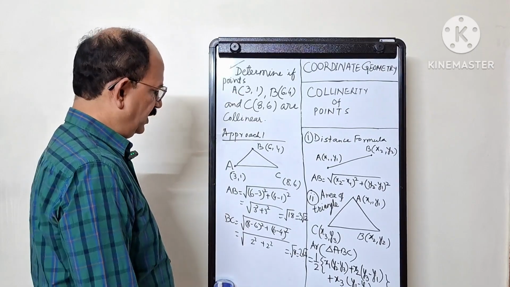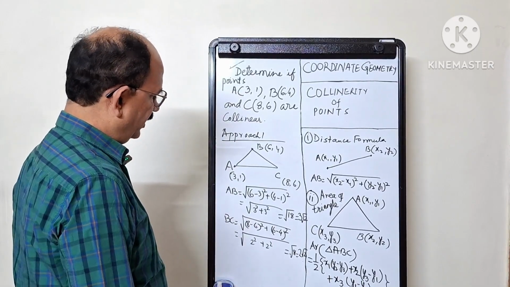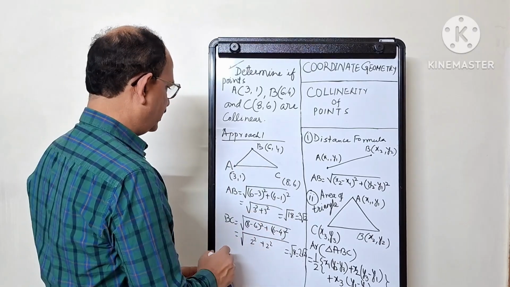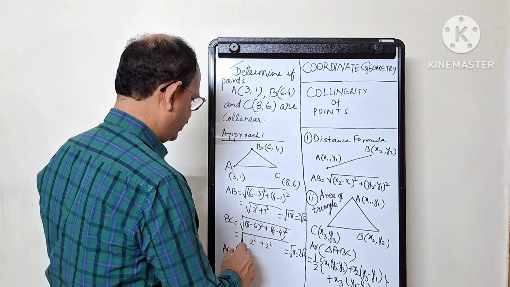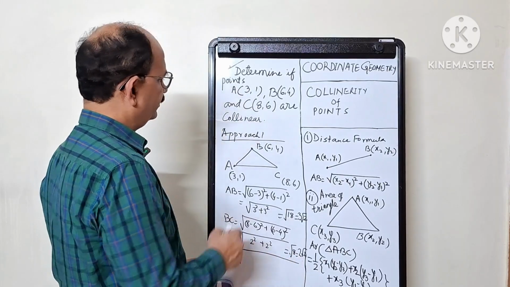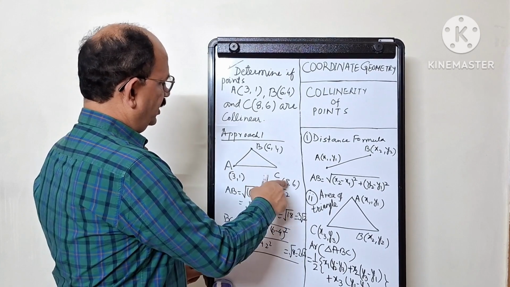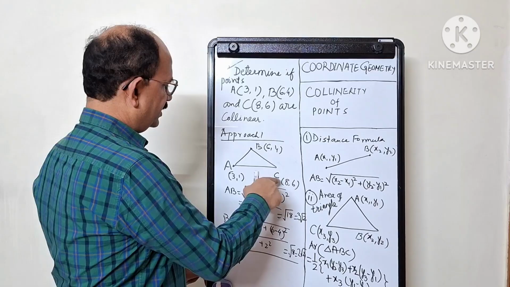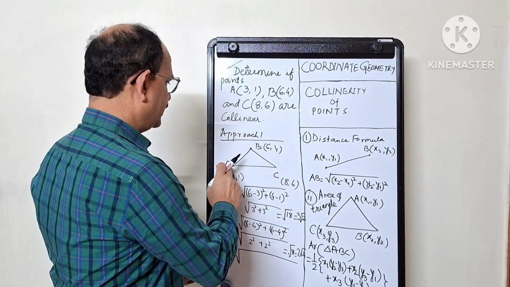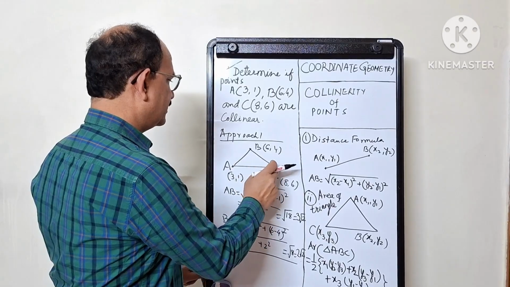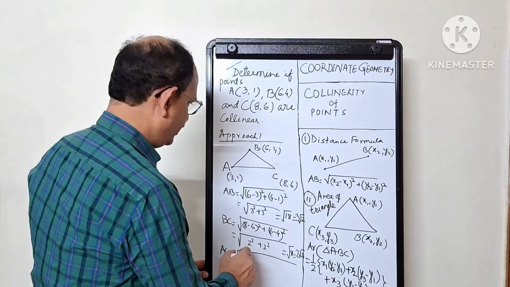Let's talk about the third one. Third side is AC, and AC will be equal to, treating this as A and C, this becomes the second point, this is the first point.